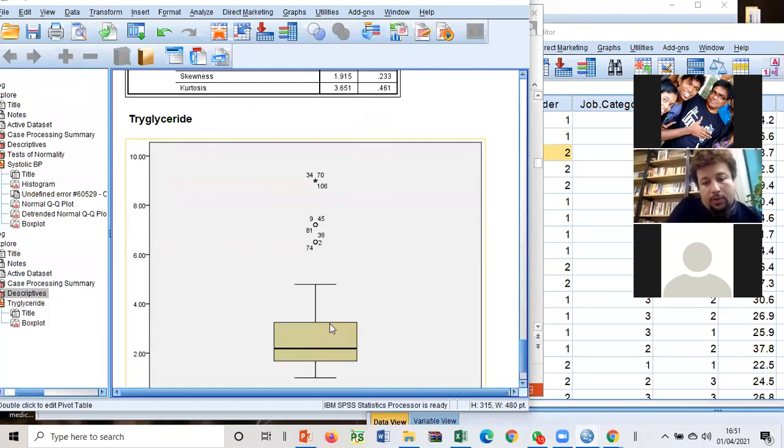That means from here all the way up 6 plus. So this value here is roughly how much? About 3.5. This lower quartile is about 1 point something, about 3.5. So 3.5 plus 6, all the way up here.